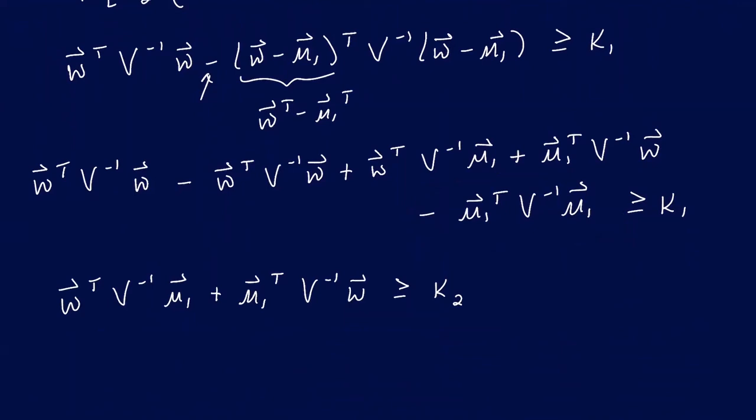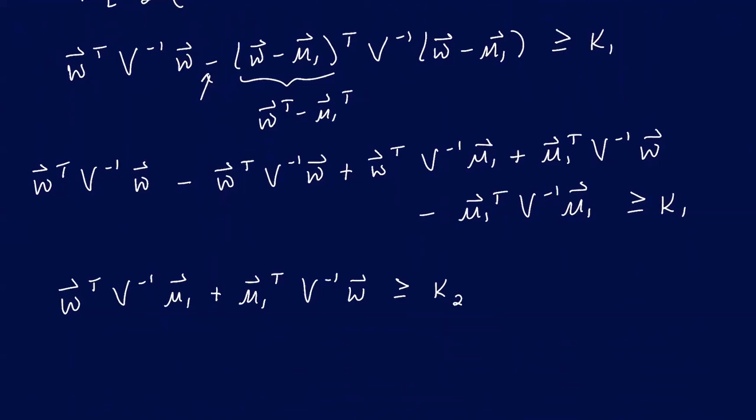This looks bad. The next thing we would do at this point is to write down the type 1 error probability with alpha and try to solve for K2. And if you're not well versed in multivariate normal, then it looks bad.